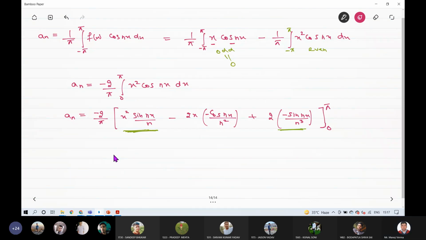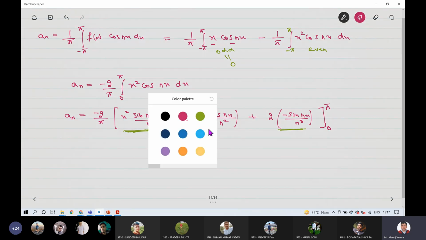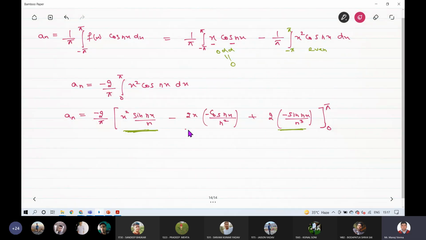And the only term which will remain after inserting the limits will be this one. So I will solve this term. It will be minus 4 by pi n square x cos nx from pi to 0.